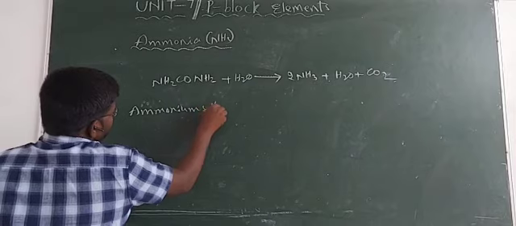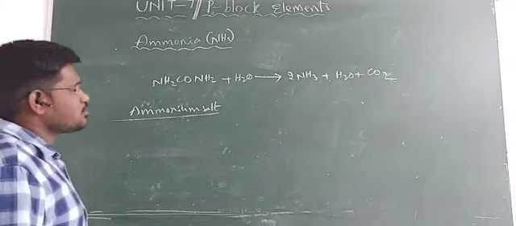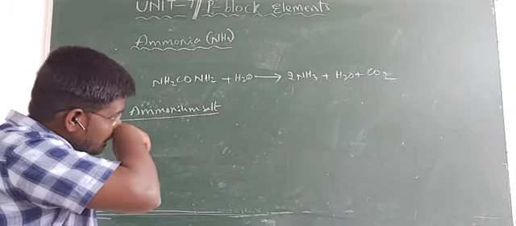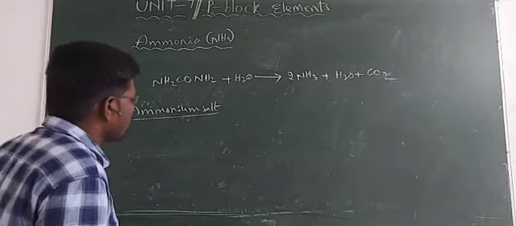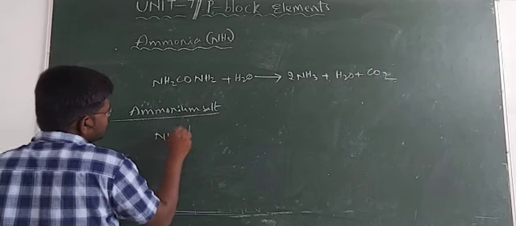Ammonium salts. From ammonium salts, we can prepare ammonia on a small scale. First one, ammonium chloride, NH4Cl.